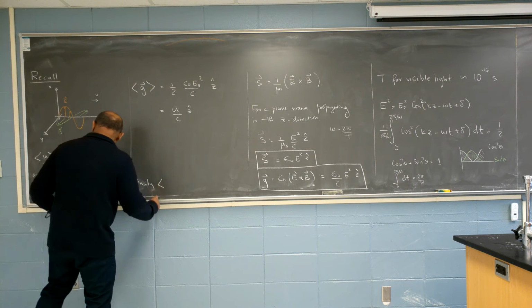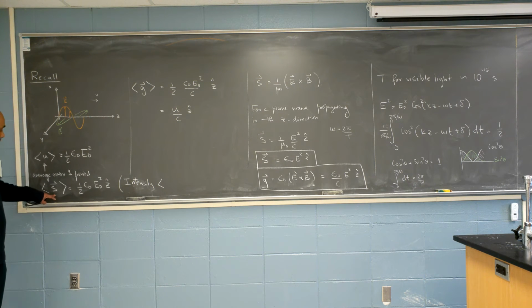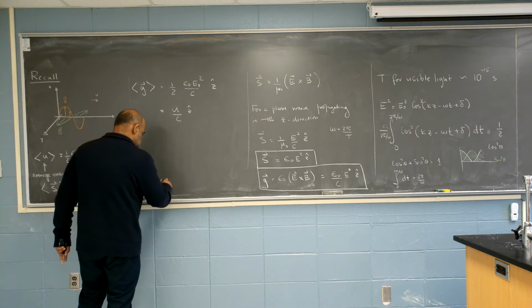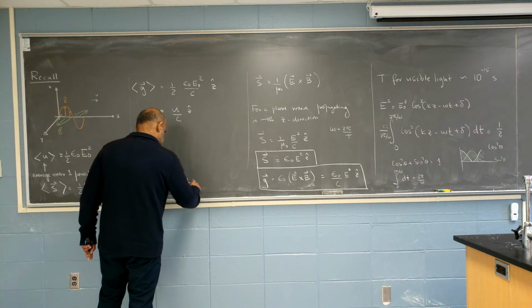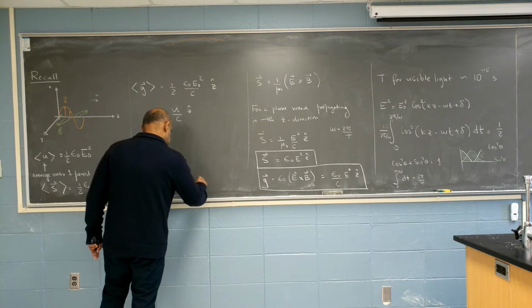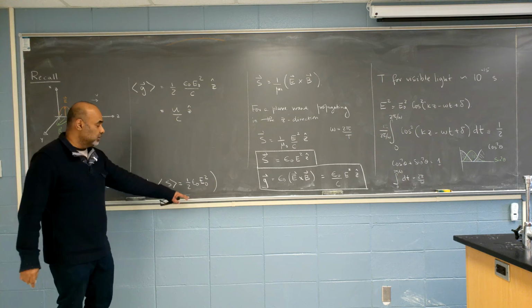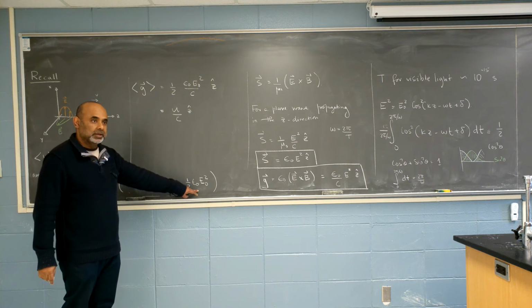Look, it's not the vector, huh? Intensity is just the magnitude. So that is the energy crossing a surface per unit area per unit time.